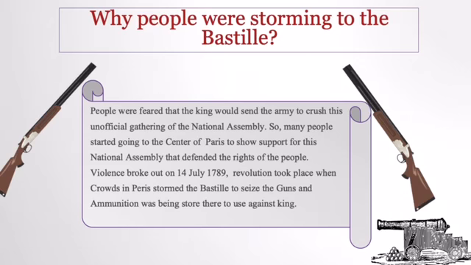The most important thing was that the king was using this castle to store ammunition, weapons, guns, and other things. The crowd knew that if they wanted to fight the king, they needed weapons, guns, and ammunition. That's why they stormed the Bastille, because they knew they could find these things in that castle.